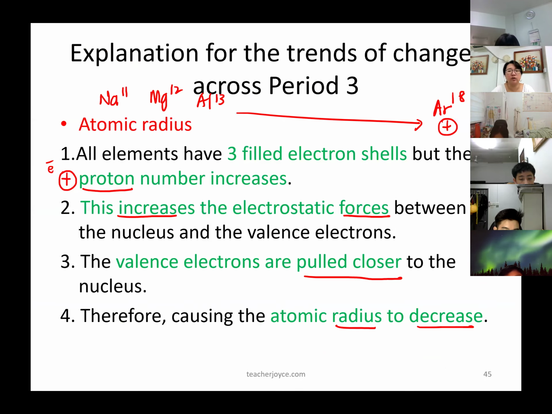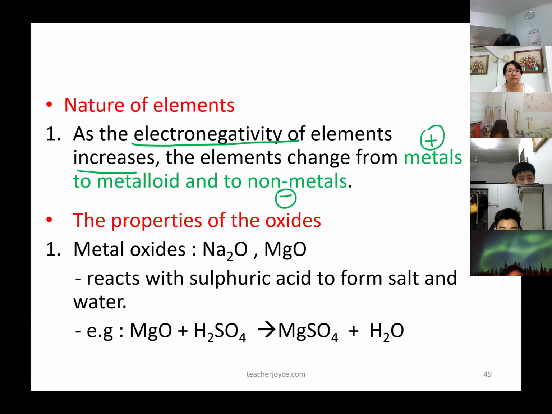Correct? Okay, so if we look at this metal oxide, these two are considered alkali or base because when they react with an acid, they form salt and water. Means, if this is acidic, this one must be alkaline, right or not?